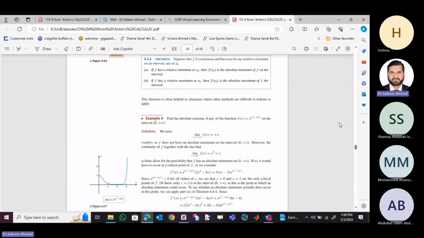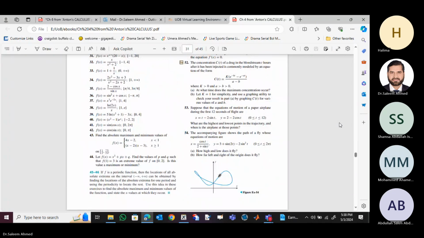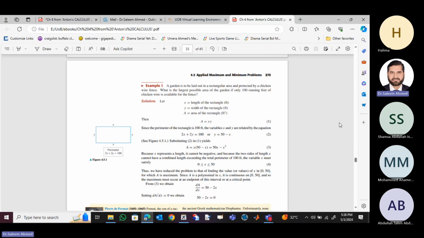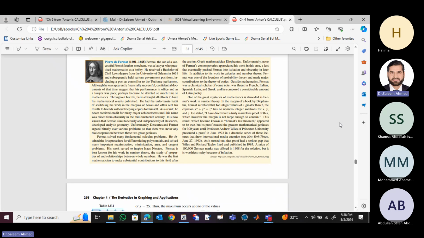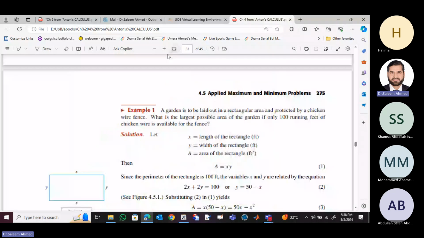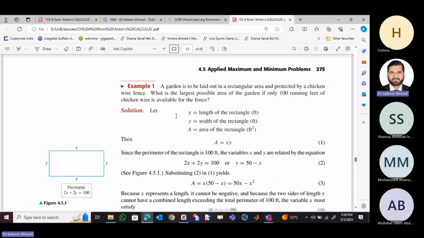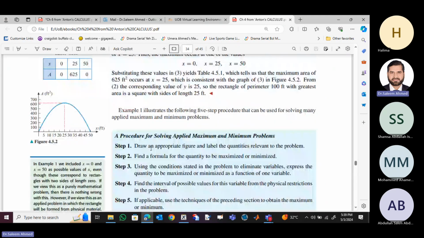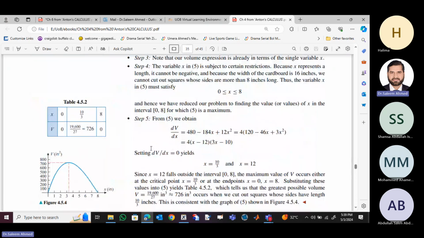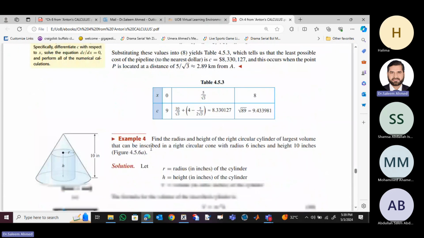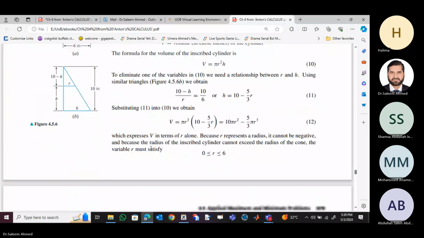see, there are some problems that are applied problems. For example, here, if you see example 1, example 2, example 3, and I did something from exercises as well.